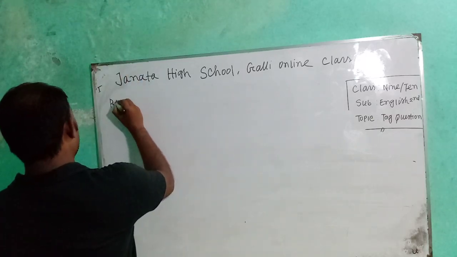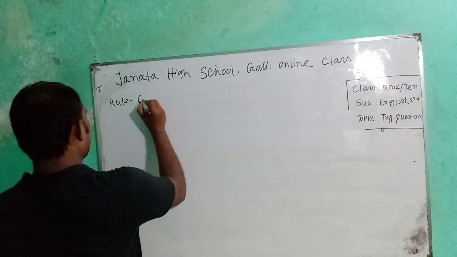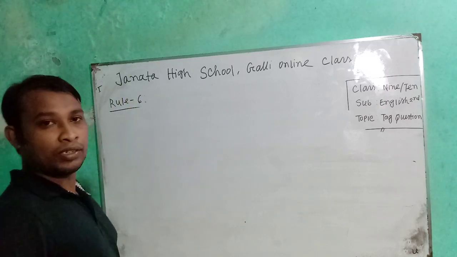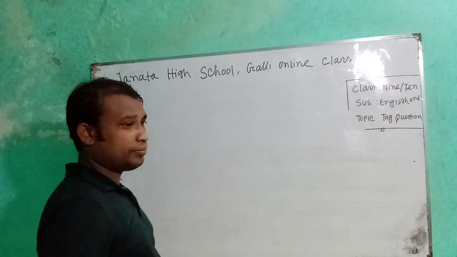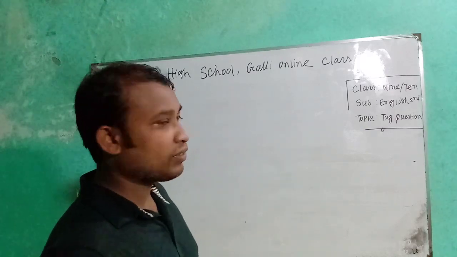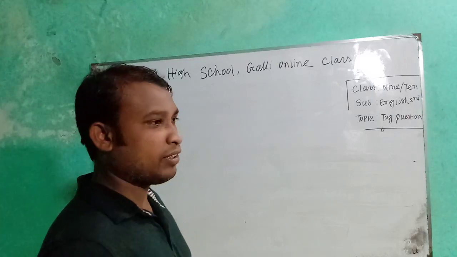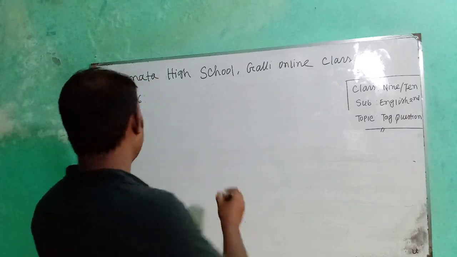Rule 6. If we find some words as subject in the sentence, we have to use they.